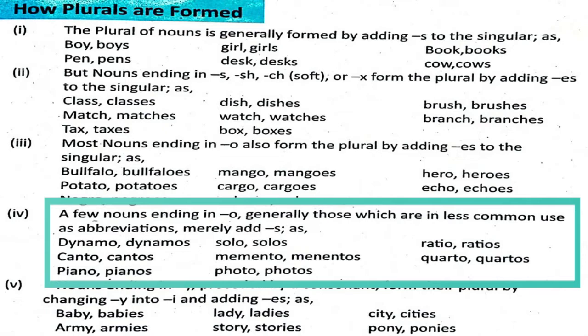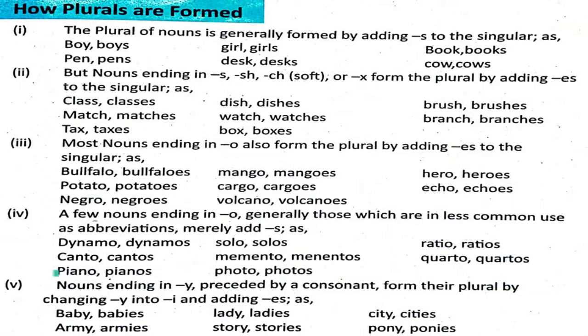These are specifically abbreviations or less common words. We can't add es to such words. We make the plural by adding s. For example, dynamo, dynamos, solo, solos, ratio, ratios, canto, cantos, etc.